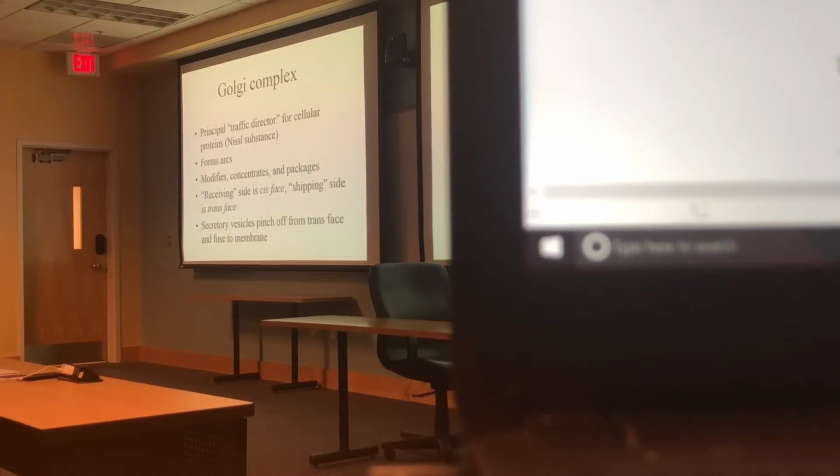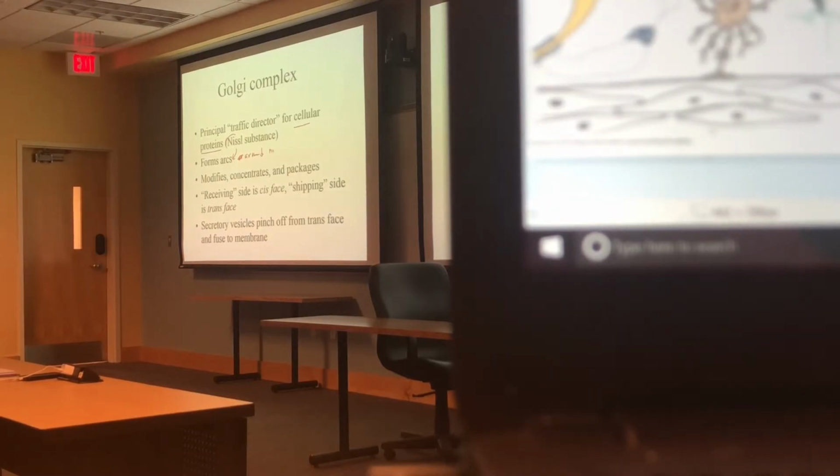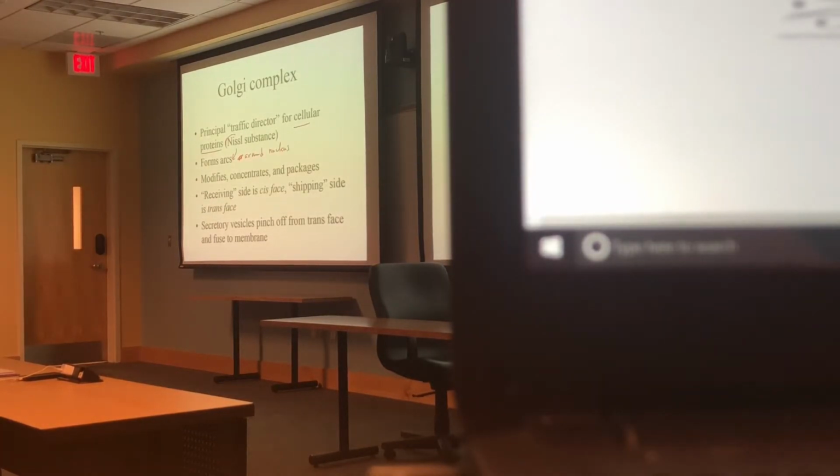That's pretty much the traffic director. So whatever's produced, for cellular proteins, or for the Nissl substance, okay? Now the Nissl bodies form arcs around the nucleus. I'll show you a picture of that in a bit, a little diagram, okay?